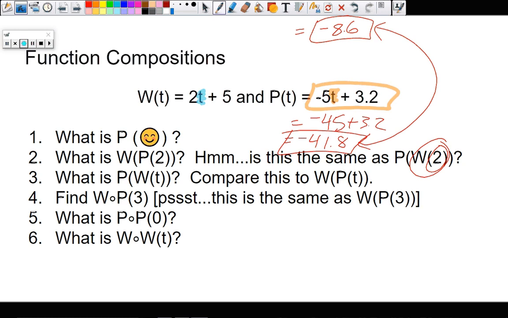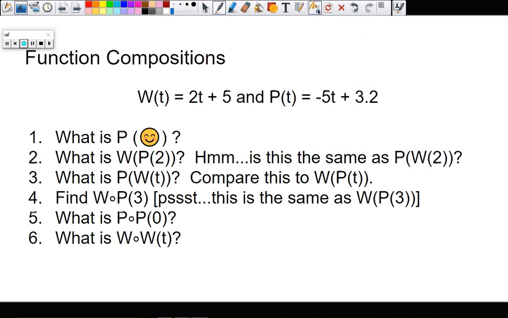Questions before I keep going? Okay. So, the numbers tend to be easier than whenever we're entering letters. Okay? So check this out. I'm going to enter T inside of W. Well, duh, that's all of this right here. So W of T is this.